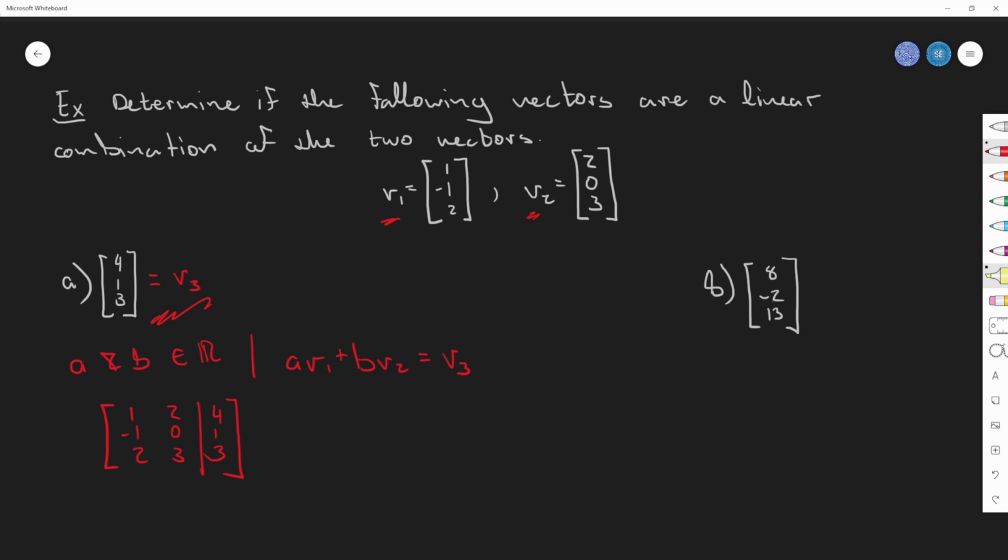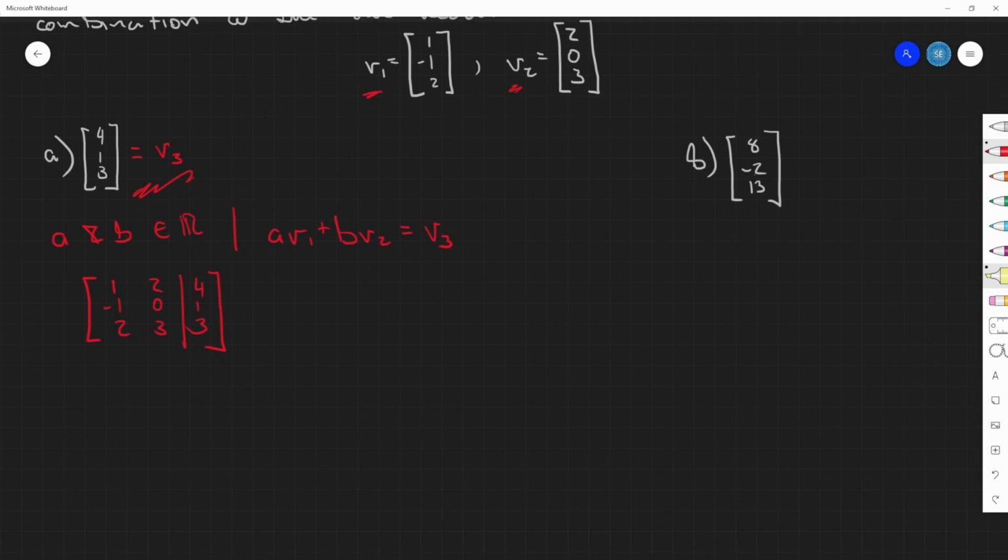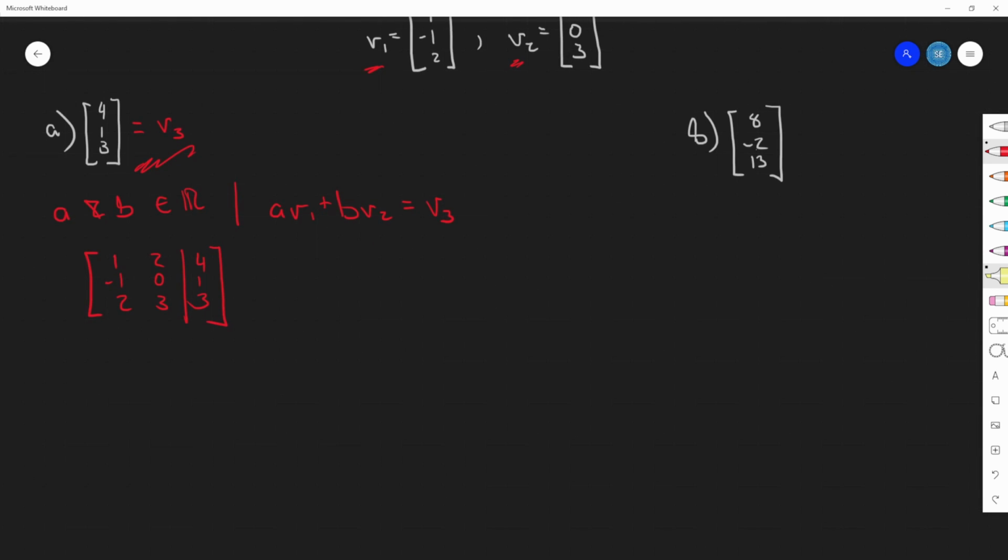Now we can put it in row reduced echelon form, but row echelon form should also do the trick, and then check if the answer we get will tell us if it's a linear combination or not.